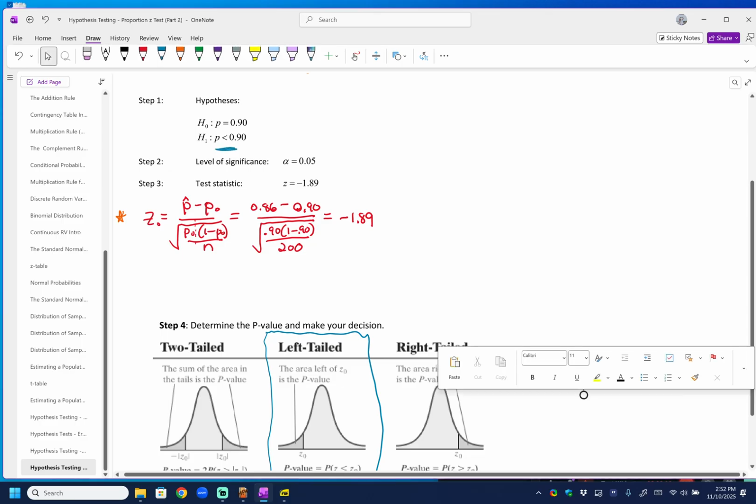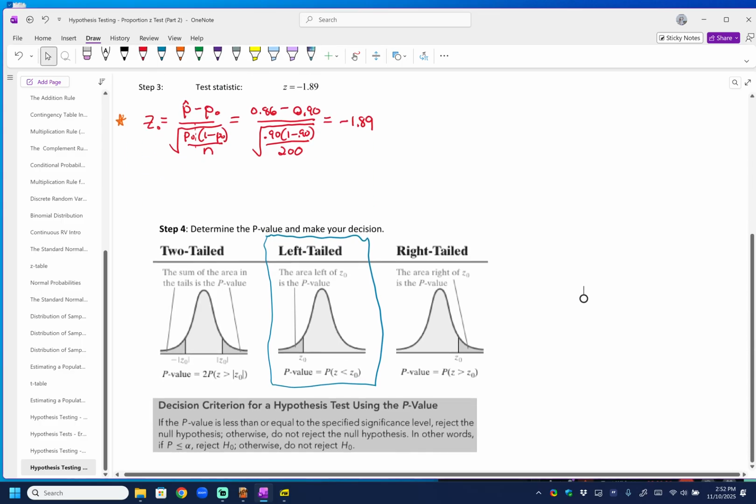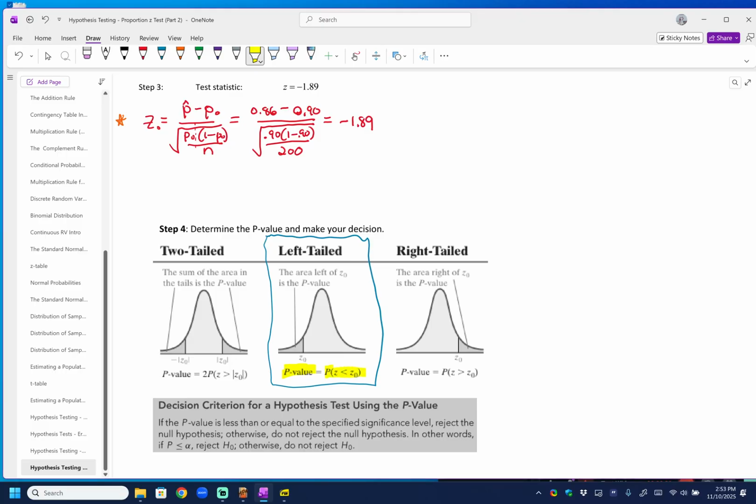And according to our image here, the p-value is always equal to the probability that z is less than the value of our test statistic. So what does that mean for us? That means that the p-value in this problem is going to be equal to the probability that z is less than, as stated, our z sub 0. Now, this is our z sub 0 right here, negative 1.89.